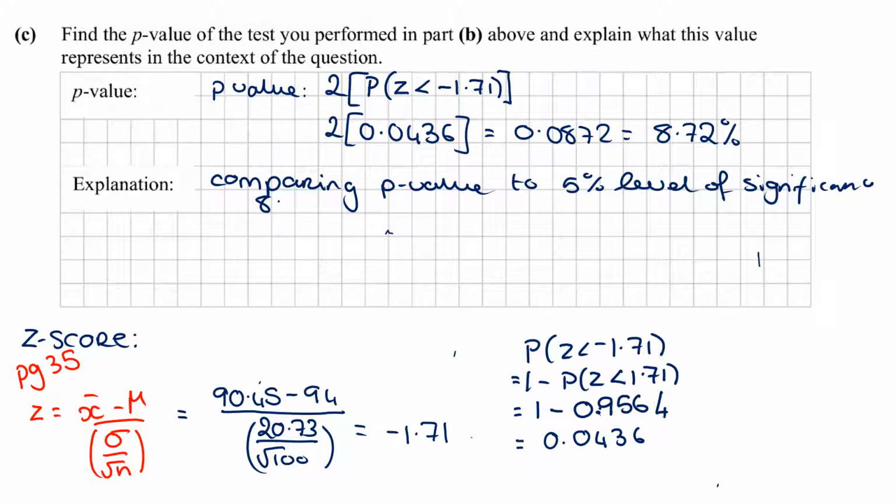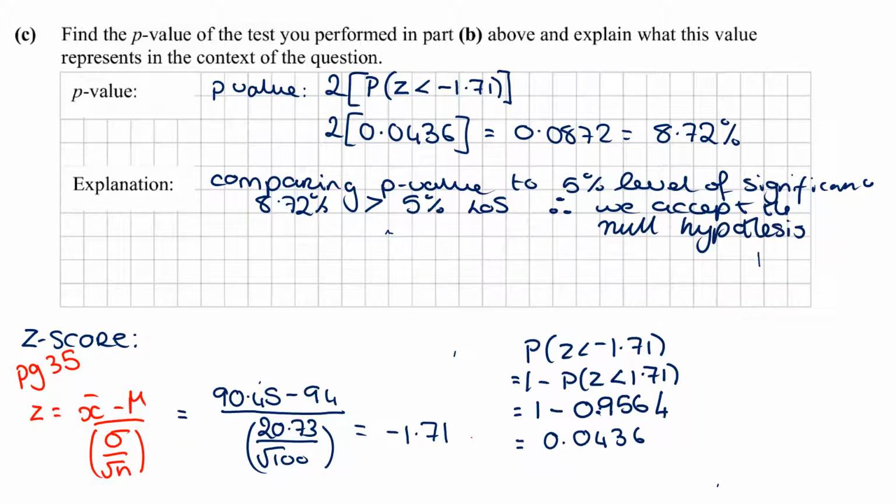So 8.72% is greater than 5% level of significance. Therefore, we accept the null hypothesis. So this would be another method that we would use for the null hypothesis, although we would only use it if asked.